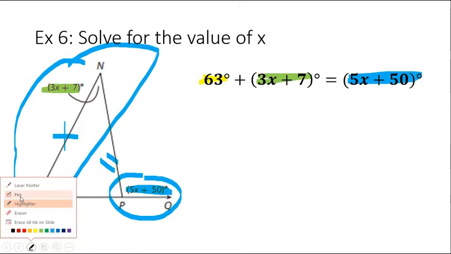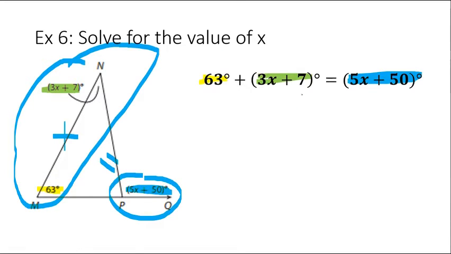So now I want to combine like terms. So on the left side, I'm going to take 7 and 63 and add them together. So that gives me 70. The 3x stays there, and the 5x plus 50 remain there.